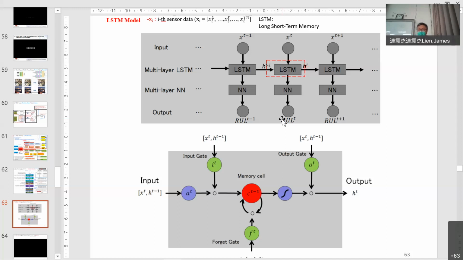speak a sentence, right? And then you want your cell phone to automatically type for you. So suppose totally you have 10 words for one sentence. So you speak one word.